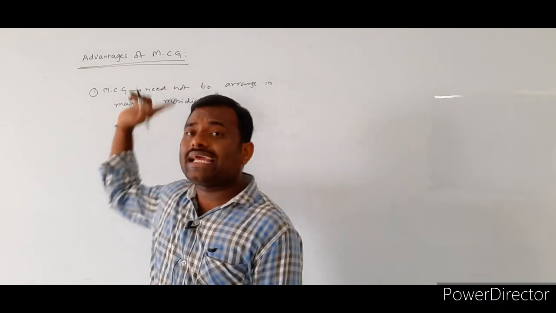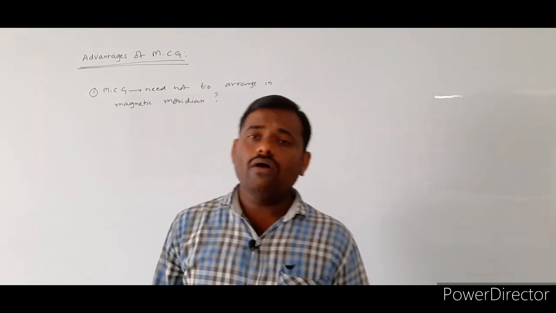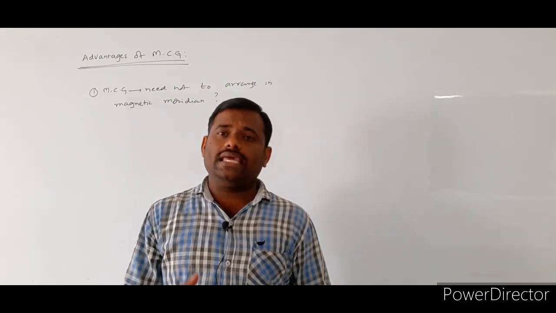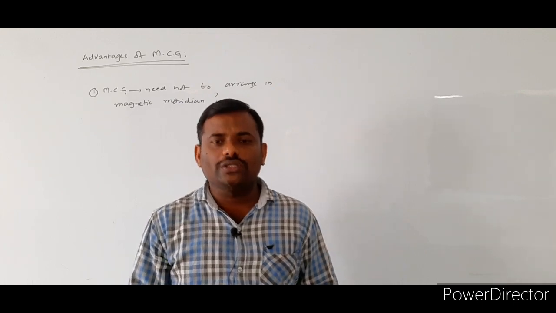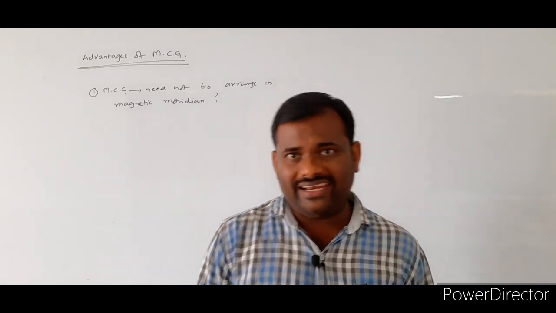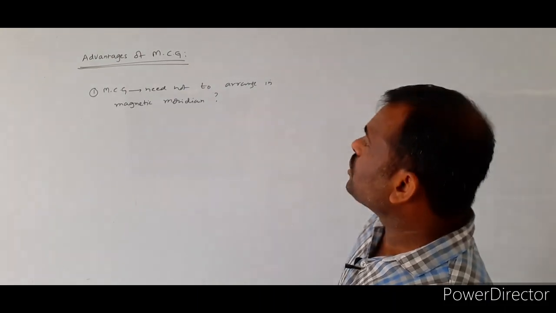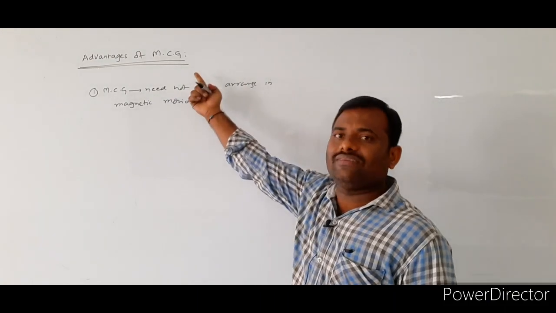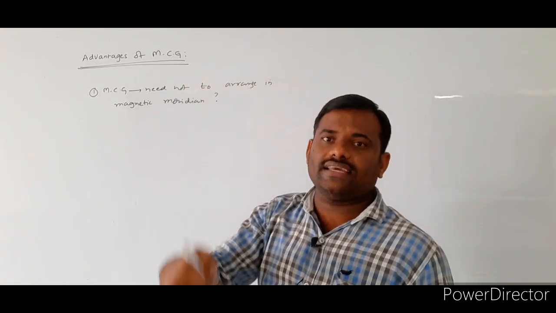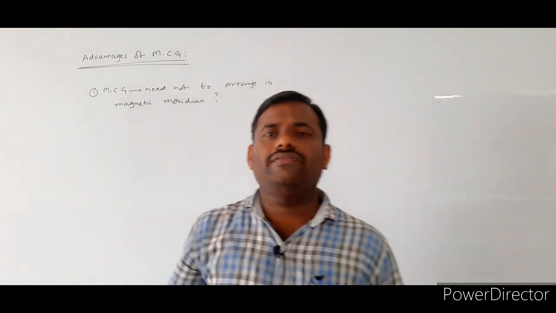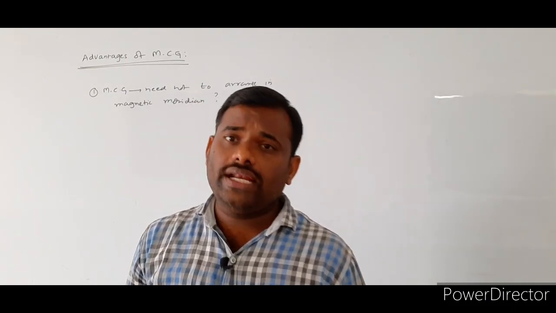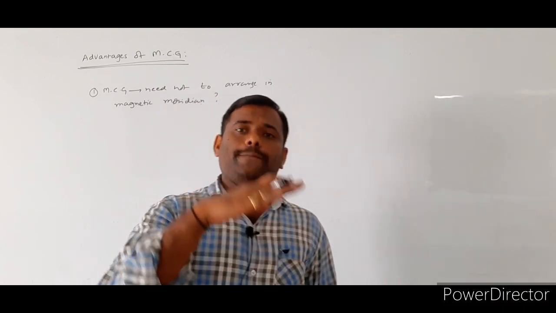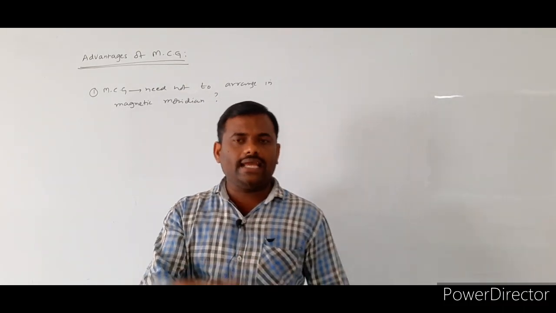But in the moving coil galvanometer, we are using a high intensity magnetic field, which is produced by horseshoe permanent magnets. Compared to the magnetic field we use in the moving coil galvanometer, the earth's magnetic field intensity is very small. That's why we neglect arranging the moving coil galvanometer in the magnetic meridian.